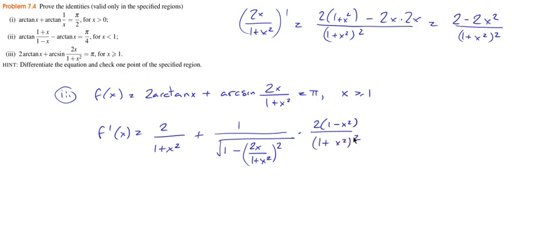Okay, so let's see how we can deal with this. Well, as you can see, wait a minute. So I have 2 over 1 plus x squared, and then this thing I can have plus 2 over 1 plus x squared, right?